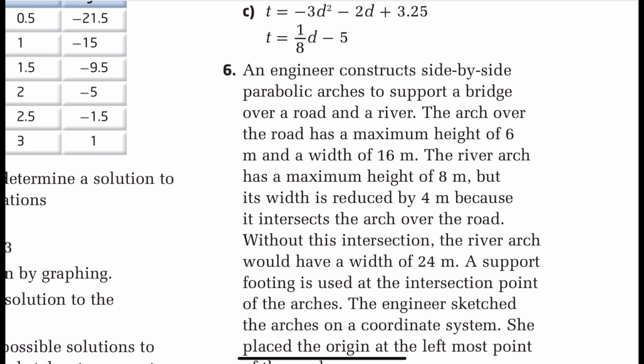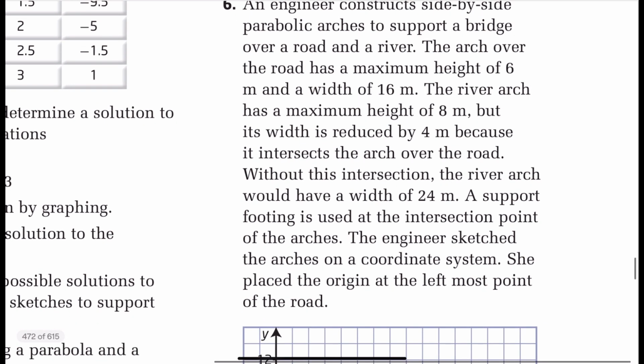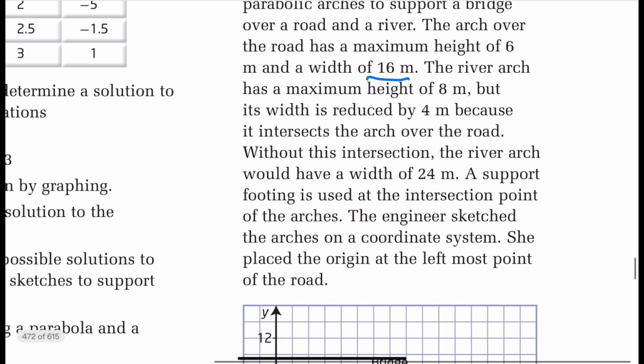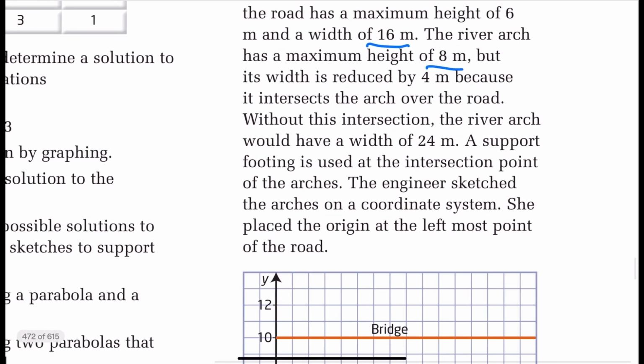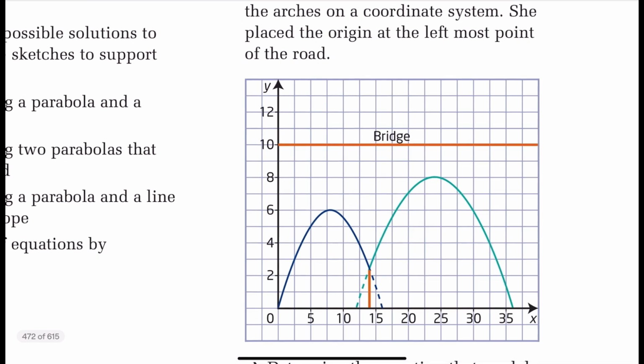Each overpass has a maximum height of 6 meters and a width of 16 meters. The river arch has a maximum height of 8 meters, but its width is 24 meters. So we have two bridges.